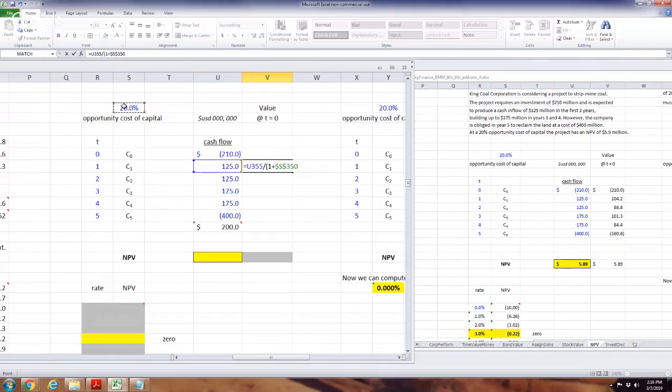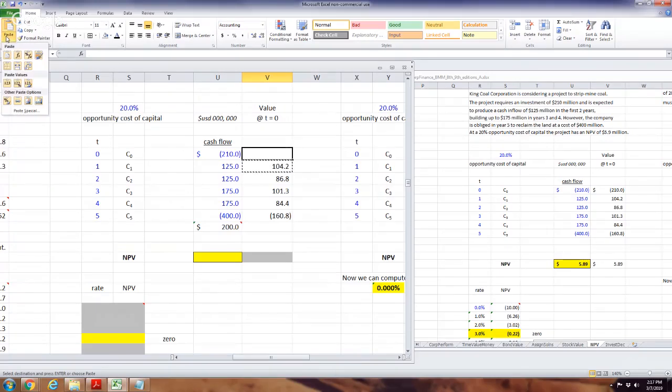You're going to lock that. The exponent moves, the cash flow moves, but the rate is locked. And just go the whole way down with this. All right, that seems to match. And then we'll copy here. We'll paste formula in there. Okay, just right in there.